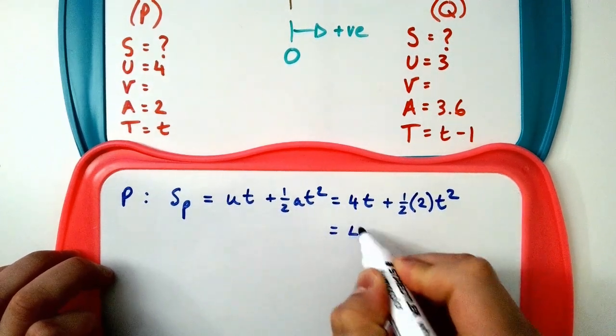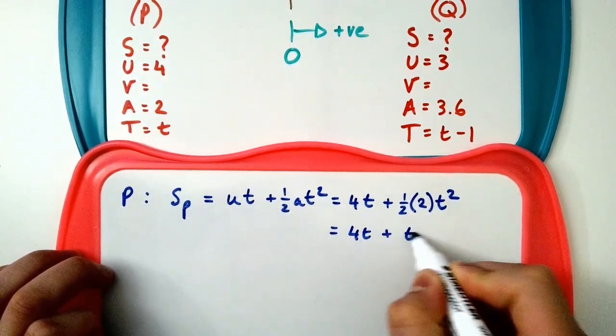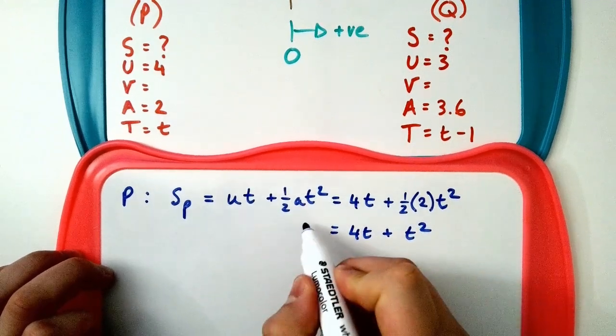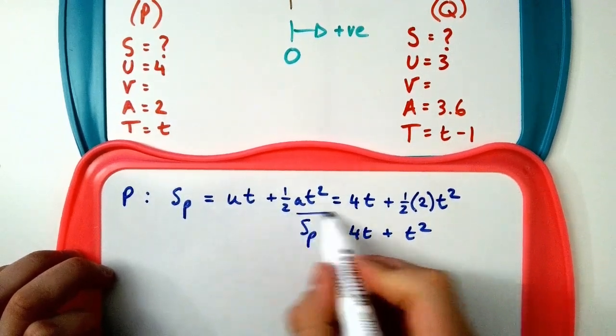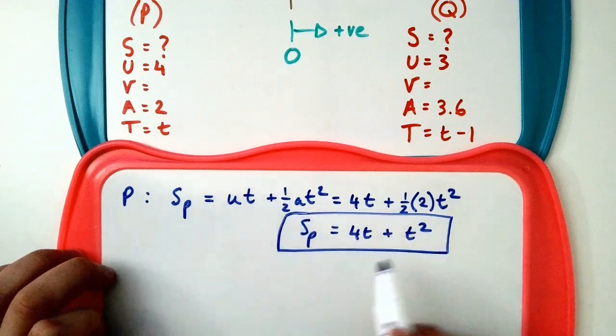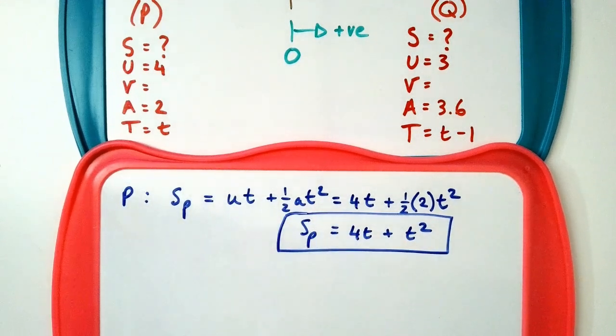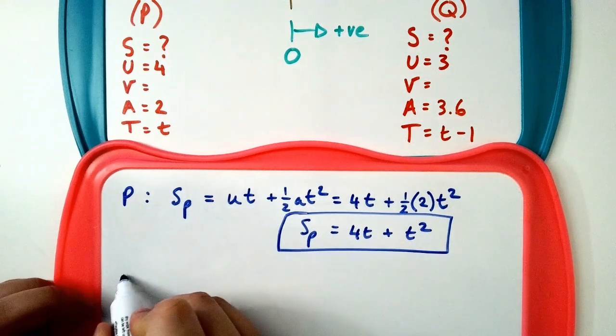That just equals 4t plus t squared. So now I've got an expression for the displacement of P at time t. Okay, do the same for particle Q.